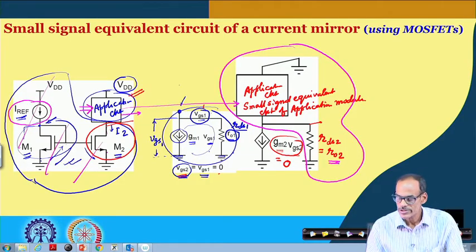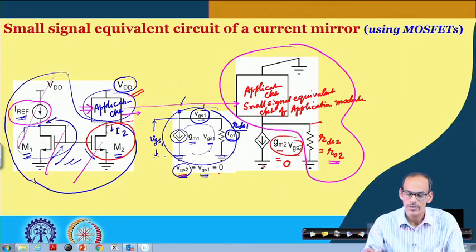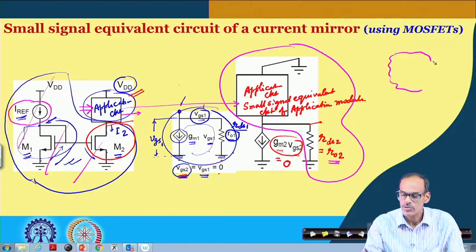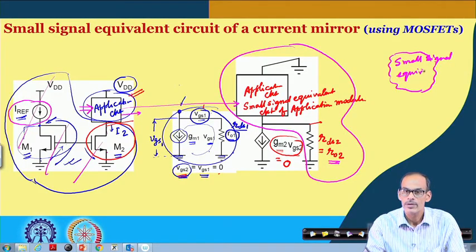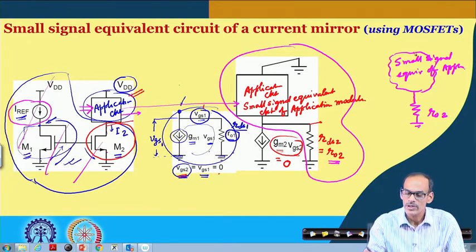So, I should say the small signal equivalent circuit, whenever we have a current mirror, will be very simple. We have the small signal equivalent circuit of the application, and then we have simply this resistance RO2, and of course, this node is connected to AC ground.